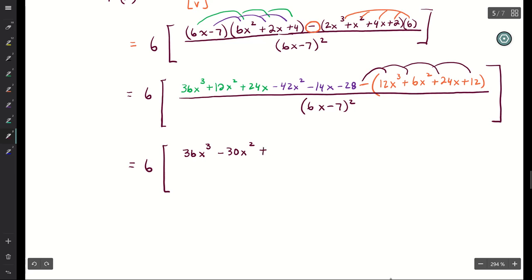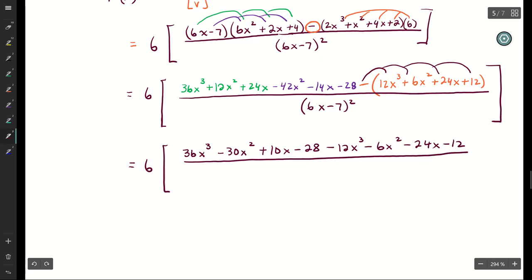So that'll give me a 10x and then negative 28. Okay, distributing this negative, I'll have negative 12x cubed minus 6x squared minus 24x and then minus 12. And then all that over the bottom piece, all squared.